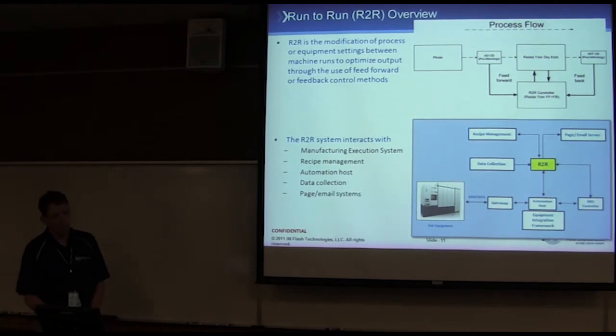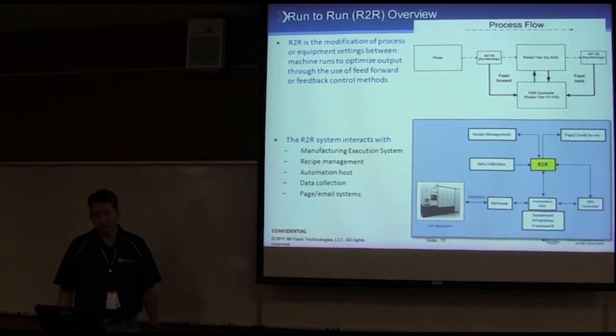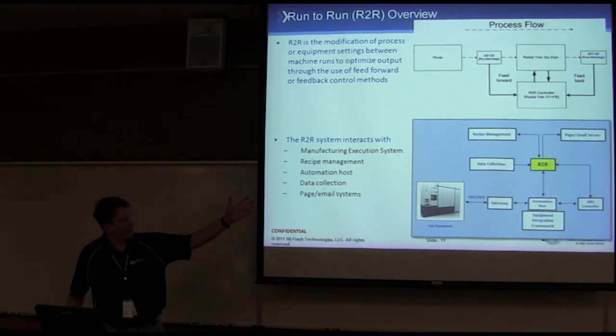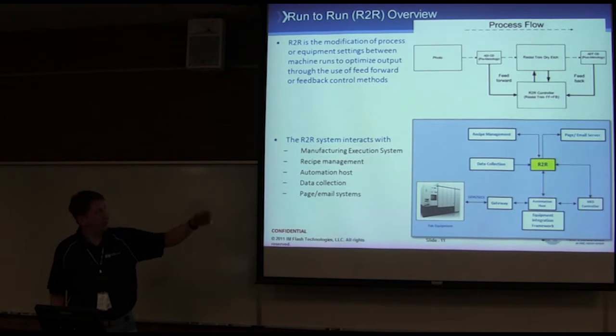Okay, good. So right now we have, for our run-to-run overview, as you can see there, the run-to-run is the modification of process or equipment setting between machine runs to optimize output through the use of feed-forward or feedback control methods. Hopefully, if you guys have taken some, this looks sort of familiar, where we have a signal coming out the back or the front of the process right here, where we can make a decision based upon incoming metrology.